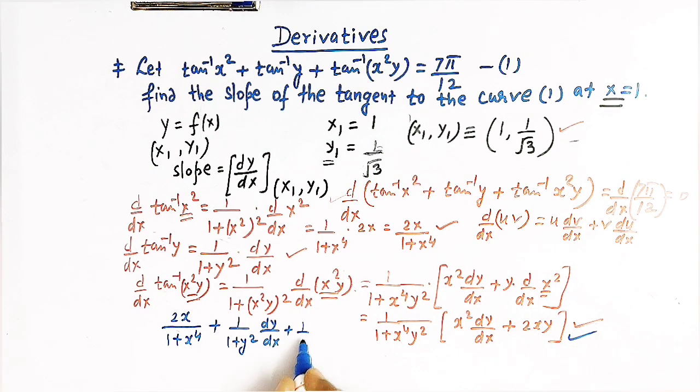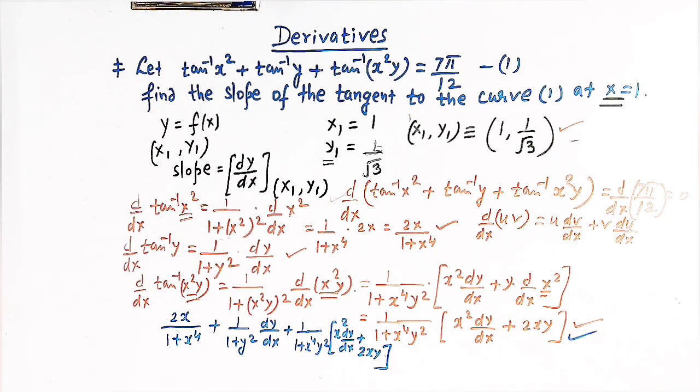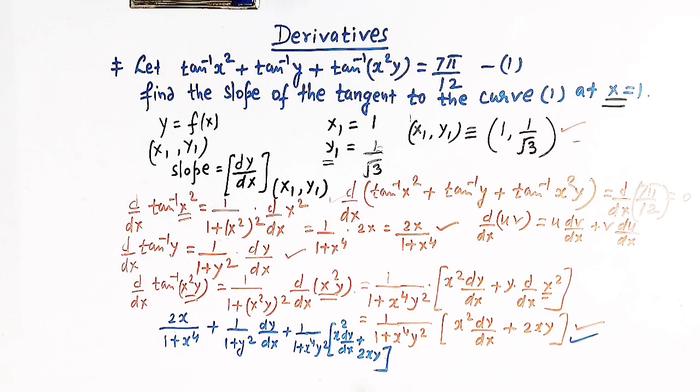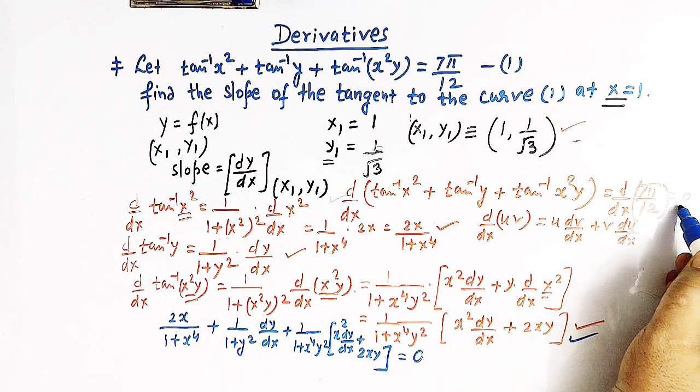So we have 1 over 1 plus x raised to 4 y square, and in the bracket we have x square dy over dx plus 2xy, right? And here we have this expression equal to 0.